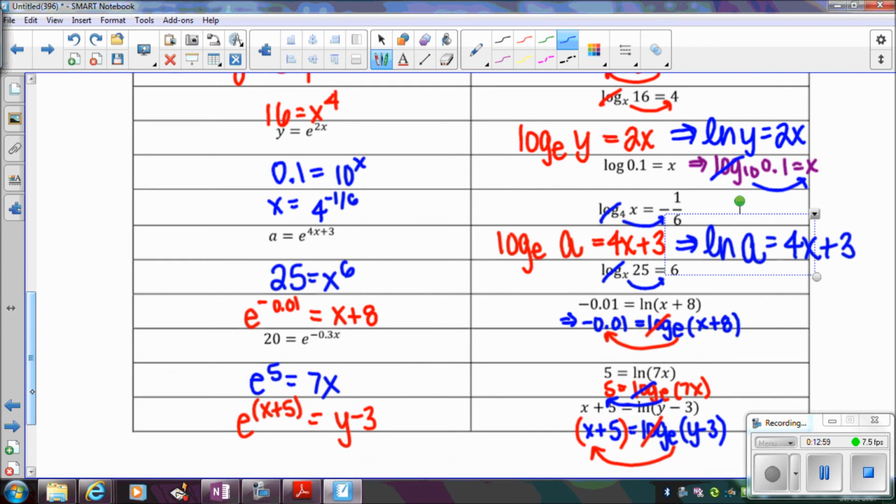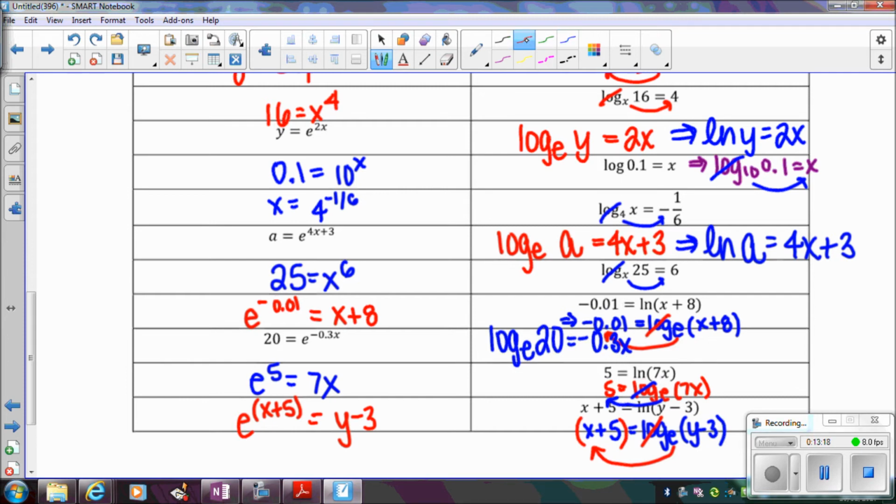And then the last one, same idea, because you're going to have base e. So it's going to be log base e of 20 is equal to the negative 0.3x, which is the exponent.